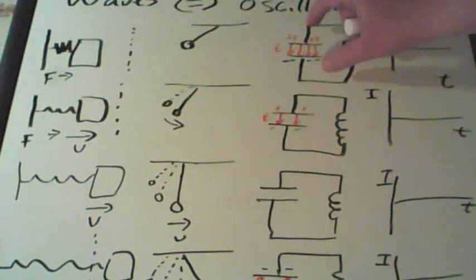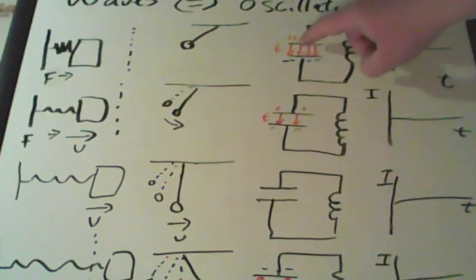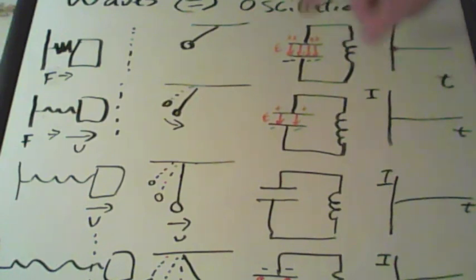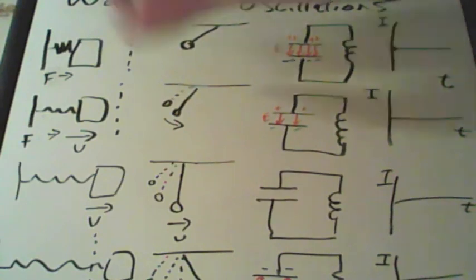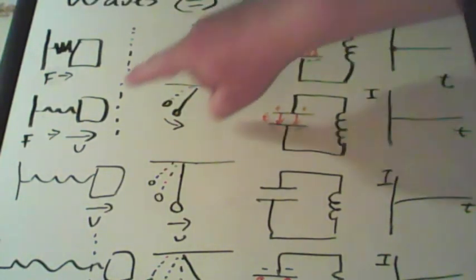If I charge the capacitor, initially all the energy is stored in the electric field. Once I complete this circuit, once I include the inductor, current is going to begin to flow. So here's stored energy in a spring, gravity, and then stored energy in an electric field.